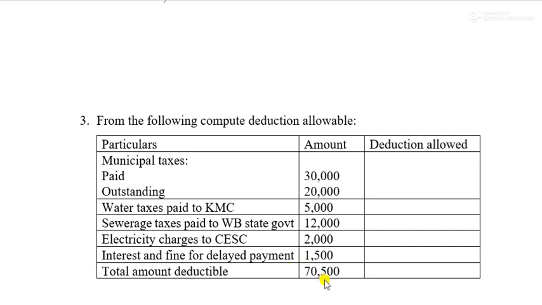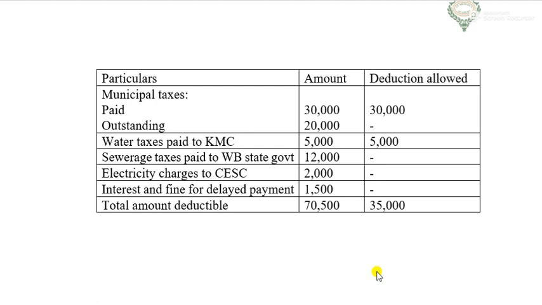Total amount given is 70,500. However, the total amount deductible will be only 35,000. So, except for municipal taxes paid and water taxes paid to KMC, no other deduction will be allowed. So only 30,000 and 5,000 will be allowed, that is a total of 35,000 of municipal taxes as deduction.